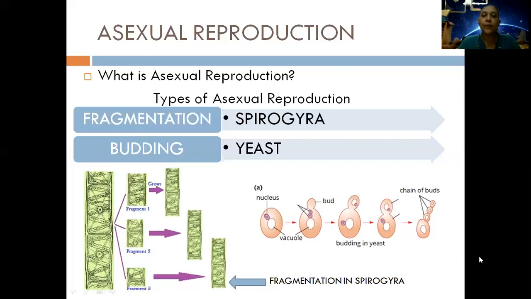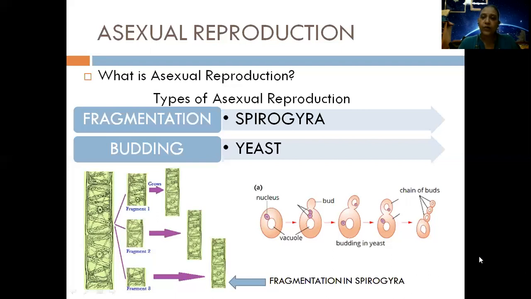That is because of the carbon dioxide that has been released. How is that done? The nucleus and the vacuole multiply and form a chain of buds. That is how the entire flour gets swollen up, because of the budding process of the yeast.